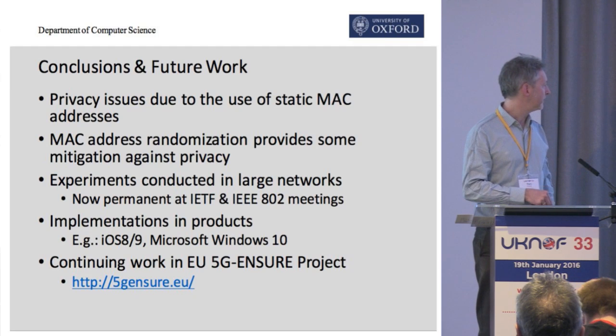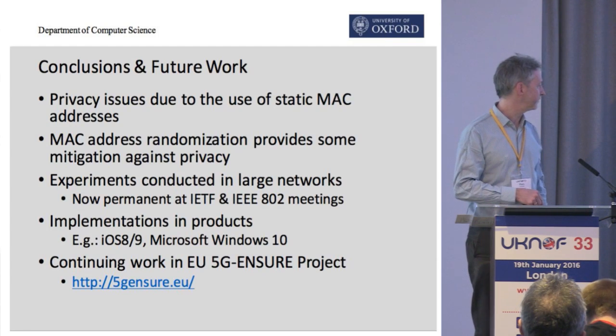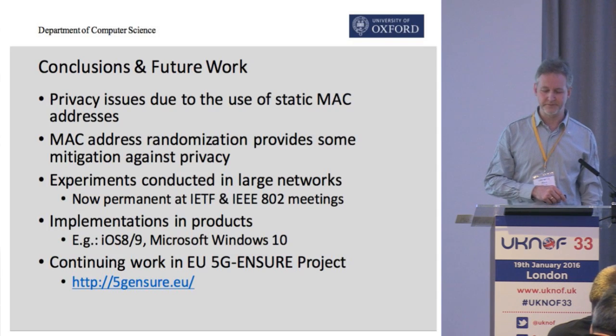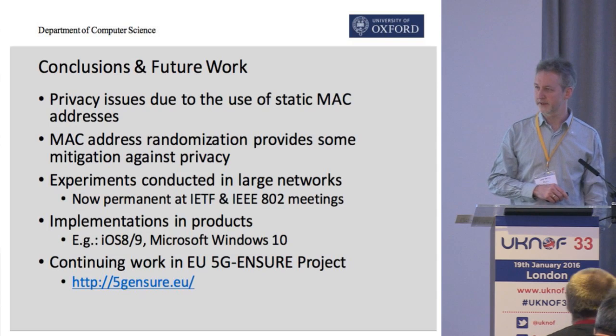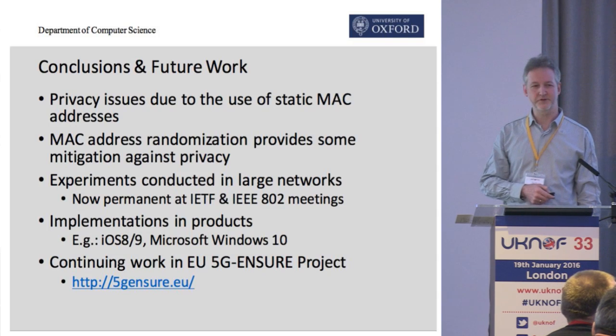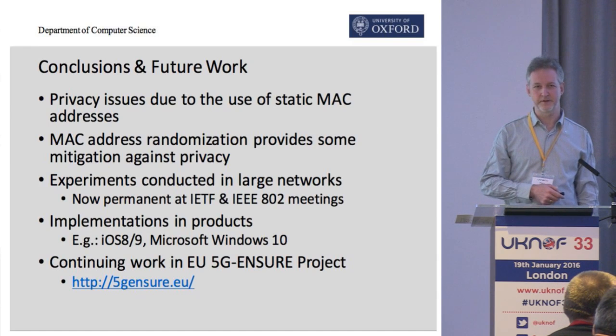And I'm now working on a project here, the 5G Ensure project, which is to do with security and privacy in 5G. So I'm looking at similar issues, identifier leakage and information leakage in 5G protocols. So more towards 3GPP standardization.